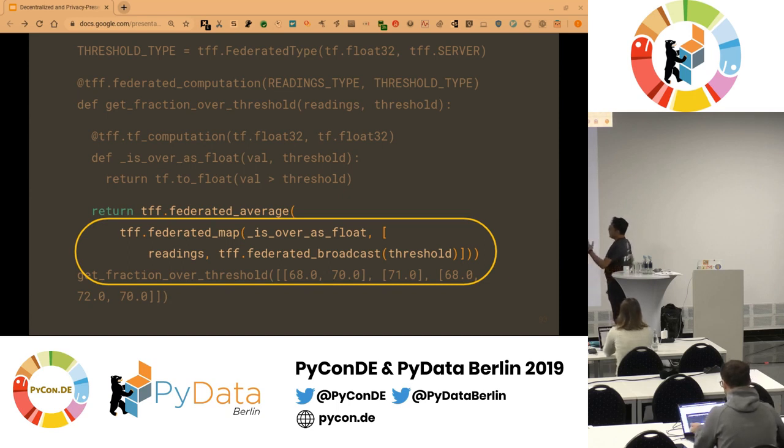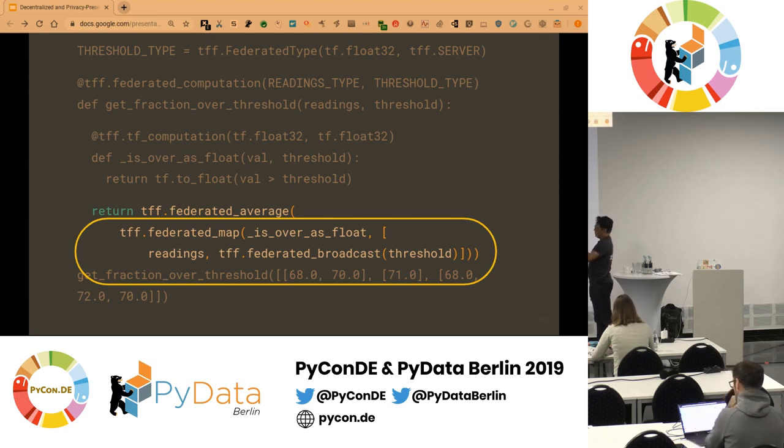And then once you have that, you can now do the TFF operation of federated averaging. That is the FC API call, which is in the standard federated average algorithm, which is implemented.